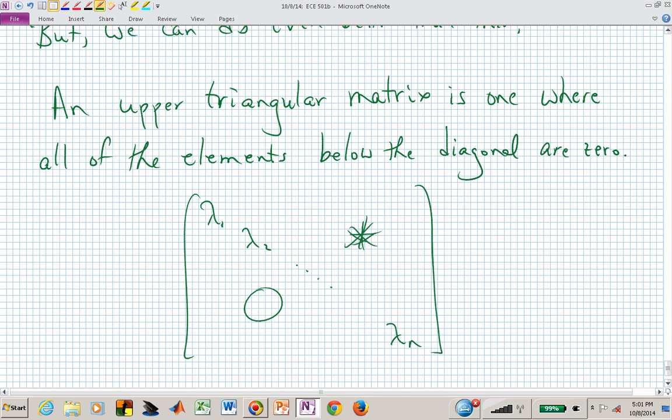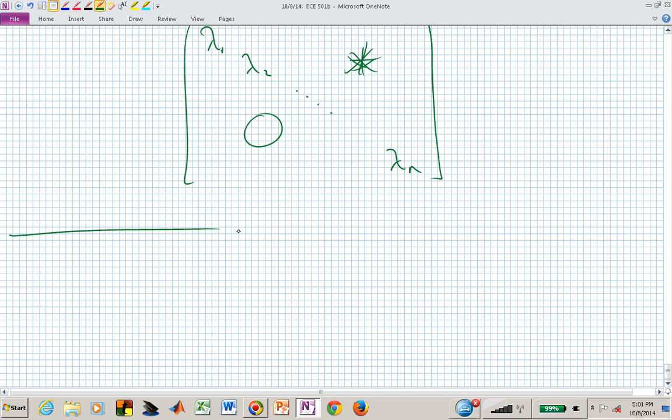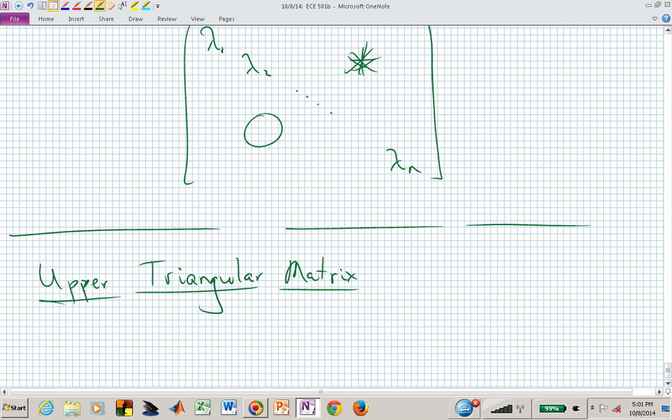Let's now look at an example of an upper triangular matrix and just get some insight into what that means. Let's now look at a particular upper triangular matrix where suppose now this operator T is in 3 space, real 3-dimensional space.